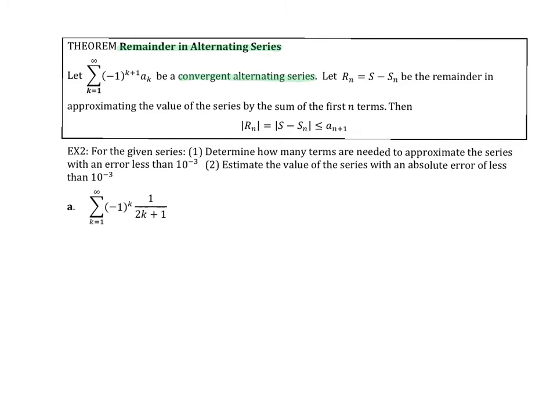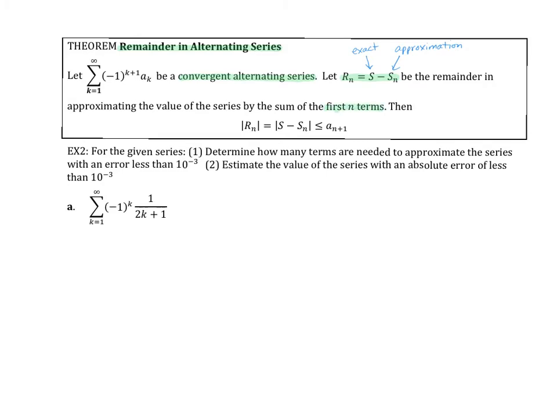Then for the first n terms, the remainder is defined as the difference s minus s sub n. Here s is the exact value of the series. The s sub n is an approximation of our series when we add the first n terms.